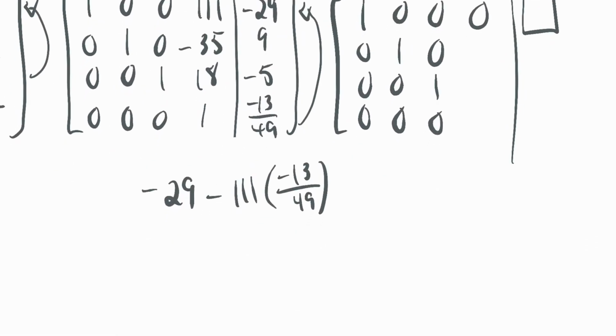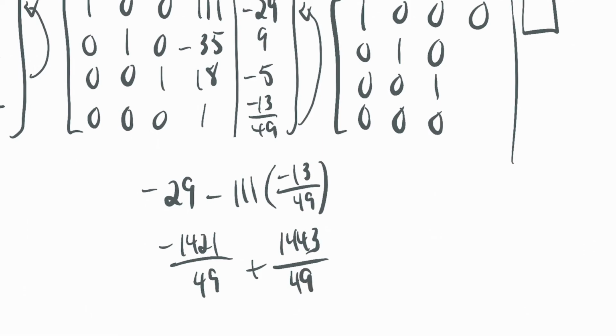Okay, so what's 29 times 49? I get a common denominator. So negative 1421 over 49 plus 111 times 13, 1443 over 49. So 1443 minus 1421 is 22 over 49.